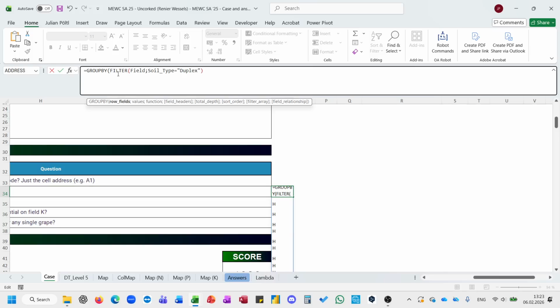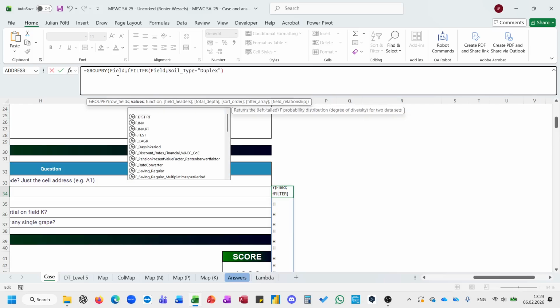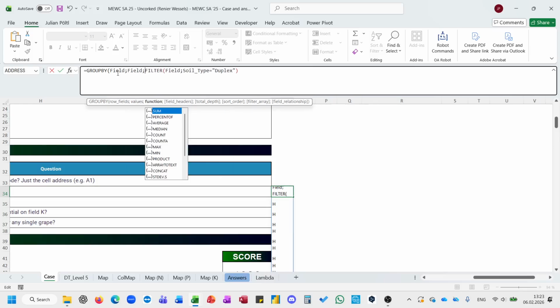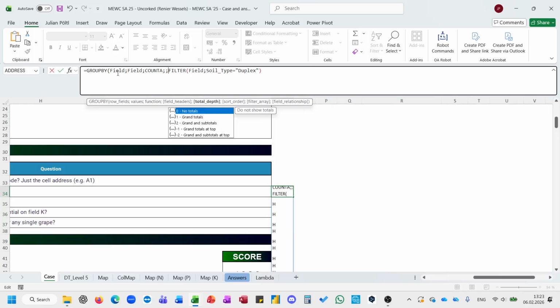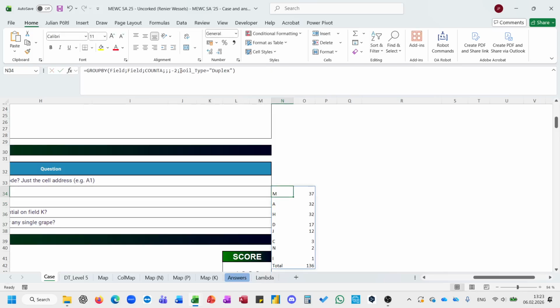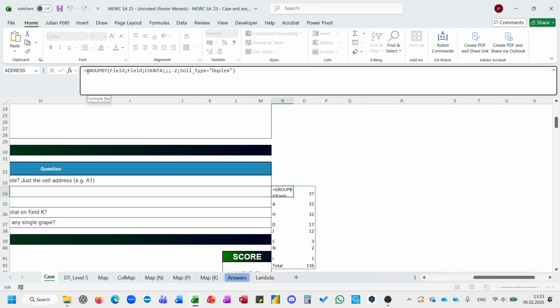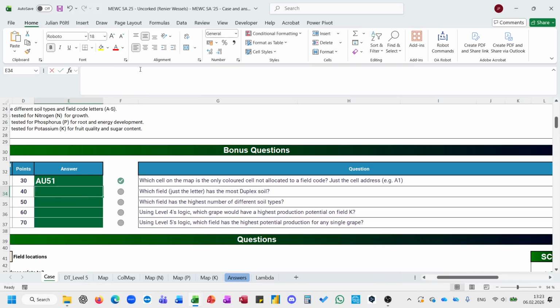Let's do this. Field, count A, sort order -2, filter array, soil type equals duplex, and it's M, and then we use intersection operator to get to our result.